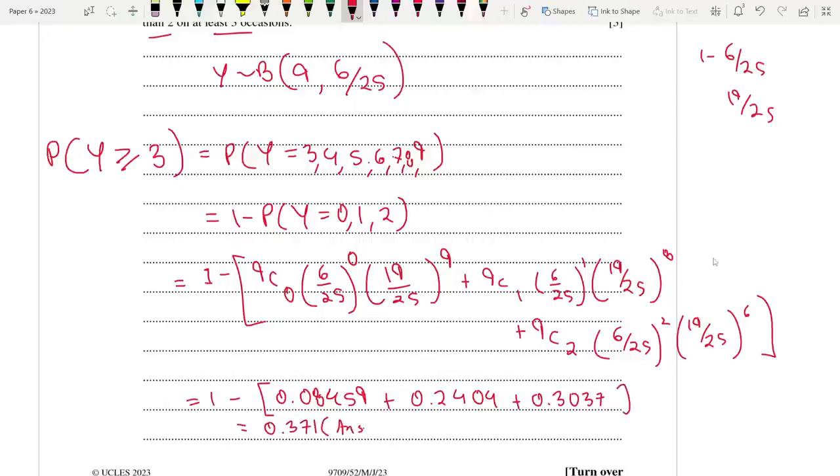Okay, so it's just long working, otherwise it's fine. Wait, I'm just checking one more thing. Times 6 by 25 squared.